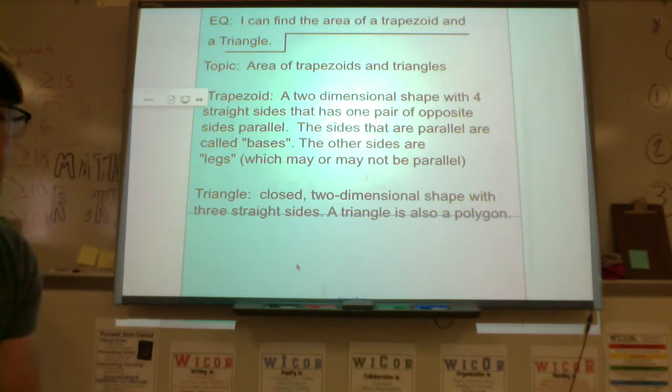A trapezoid is a two-dimensional shape with four straight sides that has one pair of opposite sides parallel. I will have a picture on the next page. The sides that are parallel are called bases. The other sides are called legs. A triangle is a closed two-dimensional shape with three straight sides. A triangle is also called a polygon.